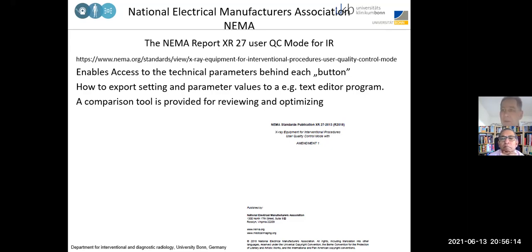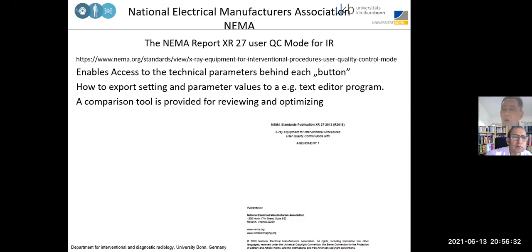This is definitely an interesting and very broadly used booklet. It is free of charge if you have an electronic download. If you would like to have a hard copy, it's about $160.